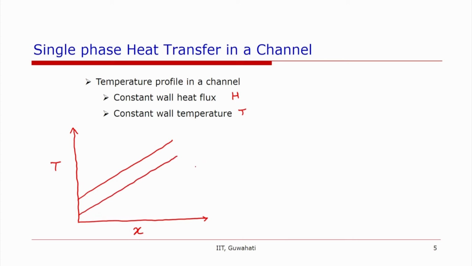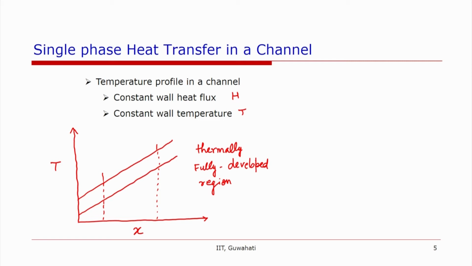We have this in the fully developed region. When we say fully developed region, this is thermally fully developed region. A little later we will talk about how we define the thermally fully developed region in a channel.